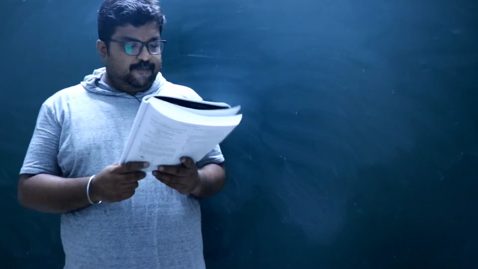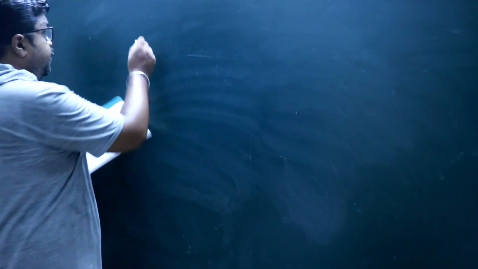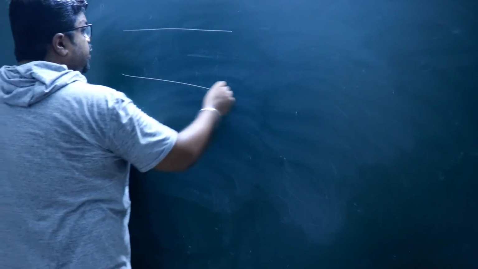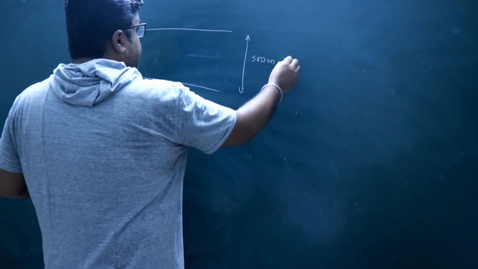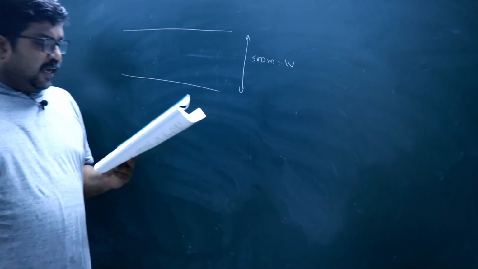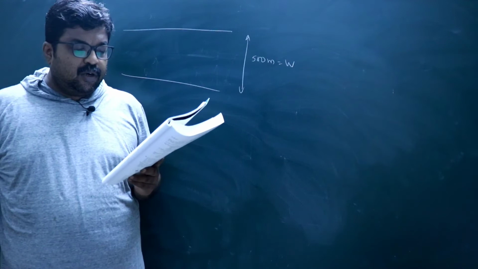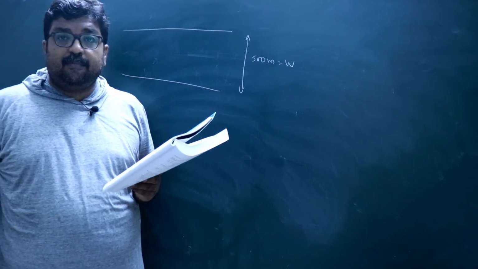This is a solved example from Concept of Physics, but we will be trying to solve this question in a different way. This is page number 46, example number 16. It is given that there is a river of width 500 meter. This is the width of the river, and a man can swim in still water at a speed of 3 km per hour.